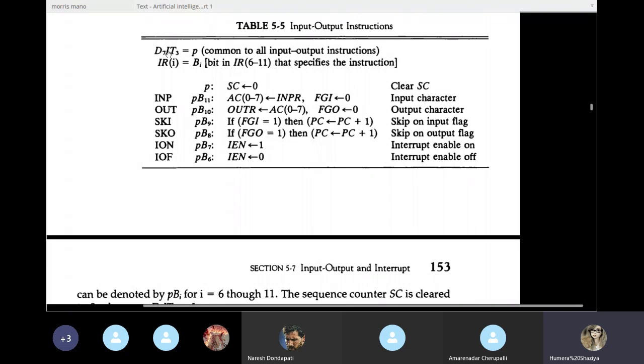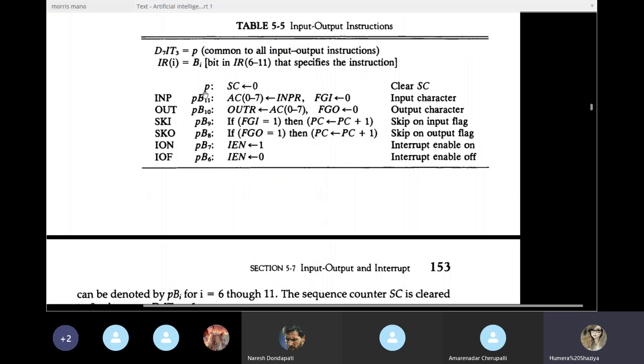You assign this term to a symbol P. I means bit I. You have b6, b7, b8, b9, b10, b11. If you remember, the address part of the instruction register contains an address in memory reference instructions, and contains operation codes in RR and IO instructions.